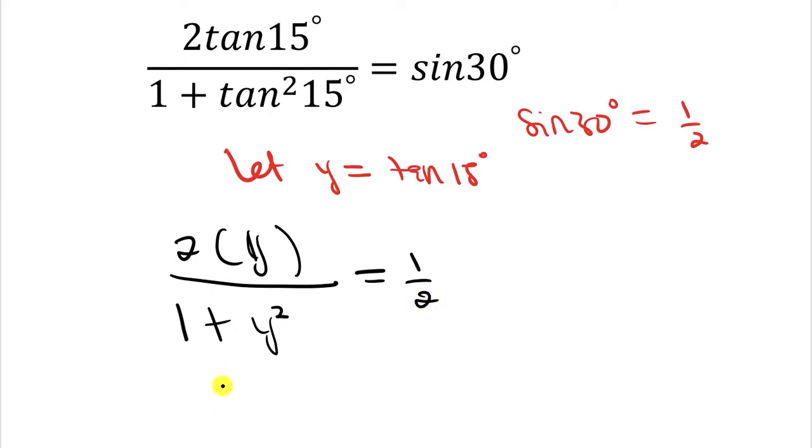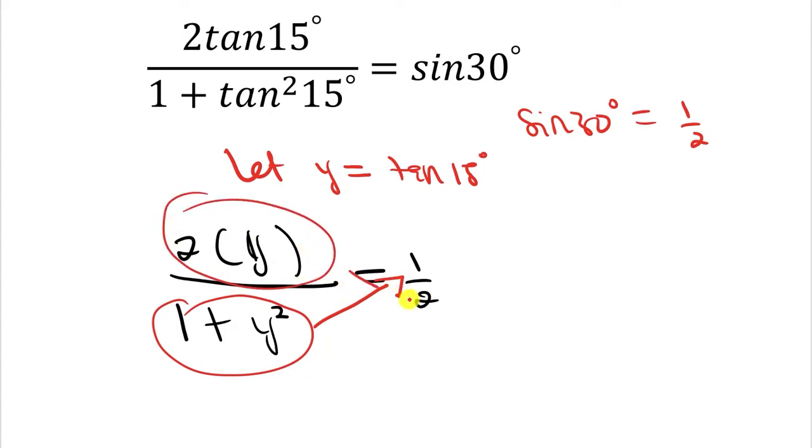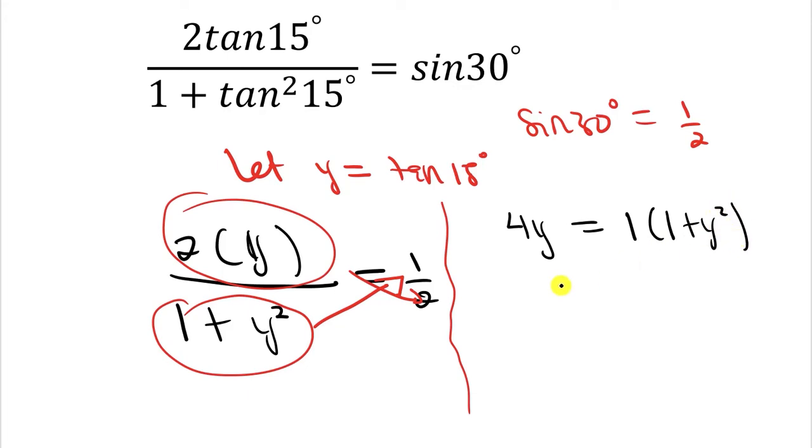We can do cross multiplication: the denominator multiplies the 2, and the 2 multiplies the 2y. So we get 4y equal to 1 times 1 plus y squared, so 4y equals 1 plus y squared.